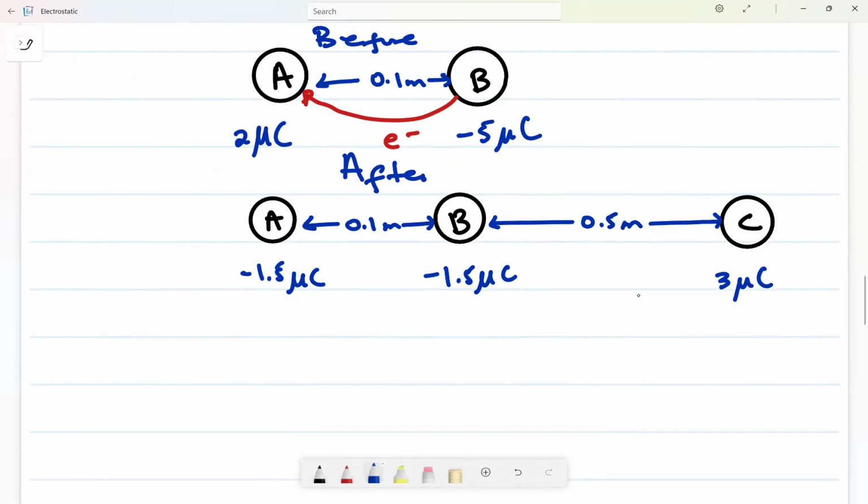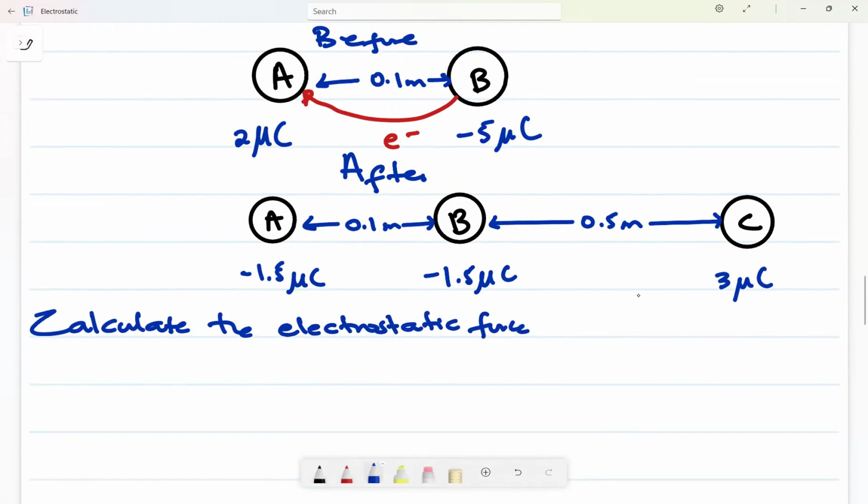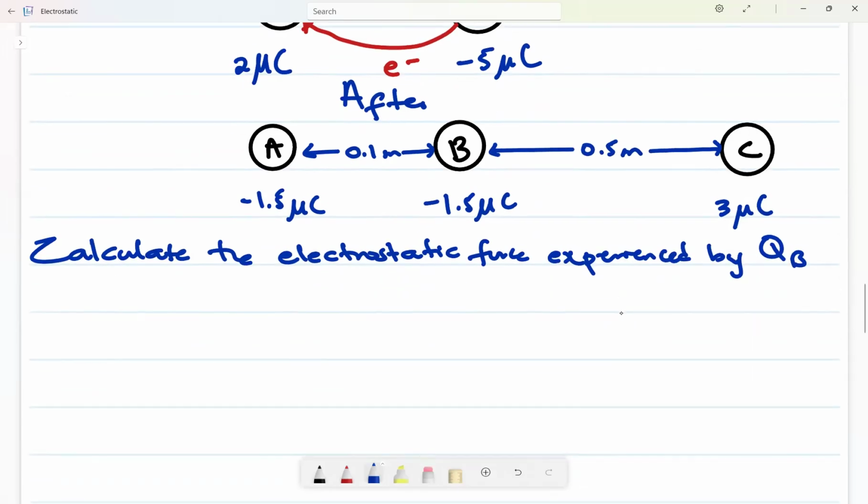Let us say the examiner says calculate the electrostatic force experienced by charge B.